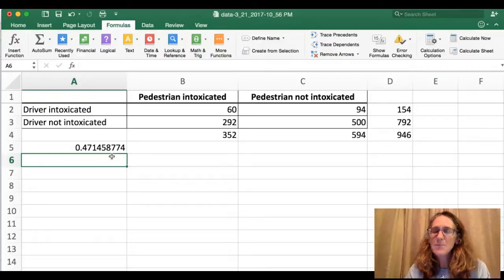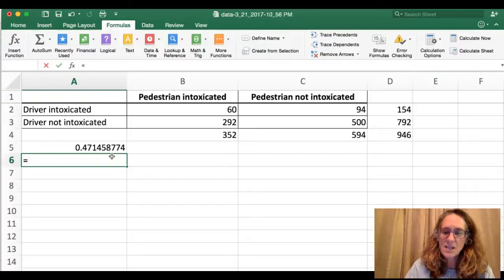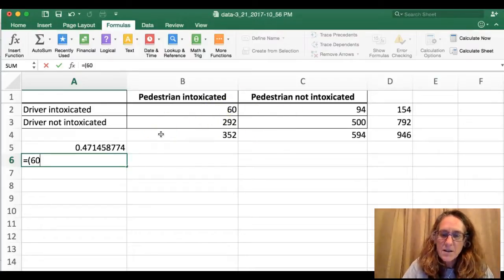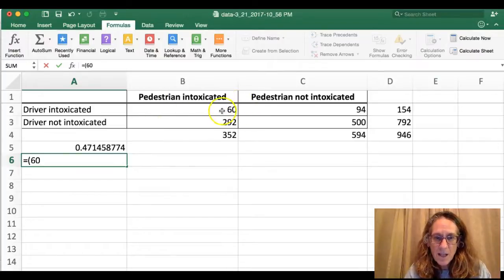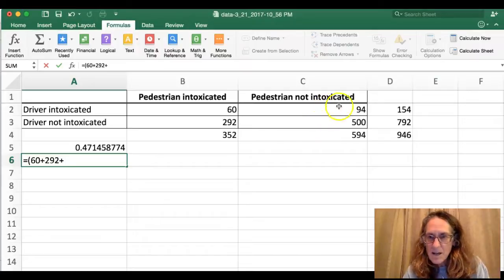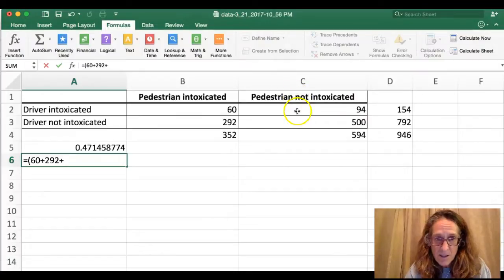Now this is not a very complicated contingency table, so we could do it without the sums and actually just take the numbers of people from the inside of the table, the 60 people that were killed when both were intoxicated, plus the 292 where the pedestrian was intoxicated but the driver was not, plus the 94 cases where the driver was intoxicated but the pedestrian was not.